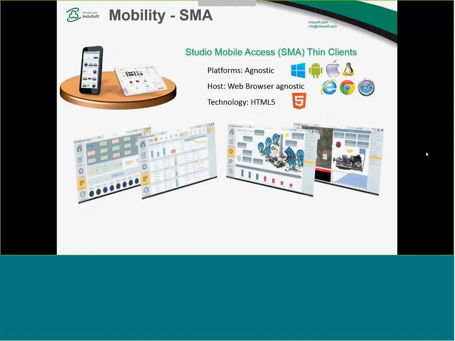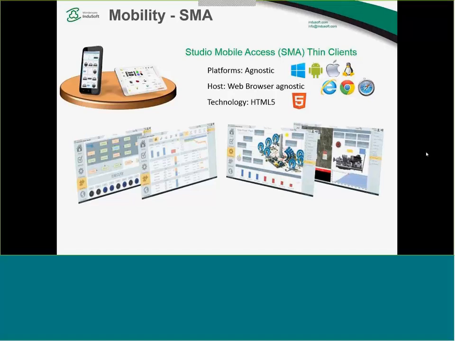At the beginning of the demo, I mentioned that we are using our newest thin client solution, our SMA thin client, Studio Mobile Access. What are the key benefits of this solution? First and foremost, it's a platform-agnostic solution, meaning that you'll be able to visualize your application from any platform. You're no longer tied to a Microsoft platform only.